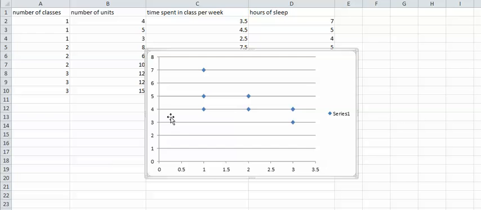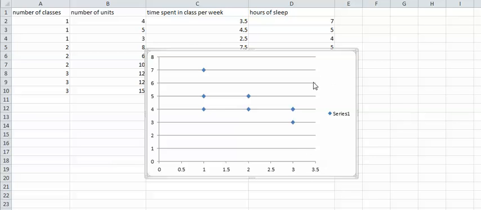So the people who are taking 1 class are getting more sleep up here. The people who are taking 2 classes get less sleep down here. The people who are taking 3 classes are down at the lowest sleep. So as the number of classes is going up, the amount of sleep is going down from left to right.